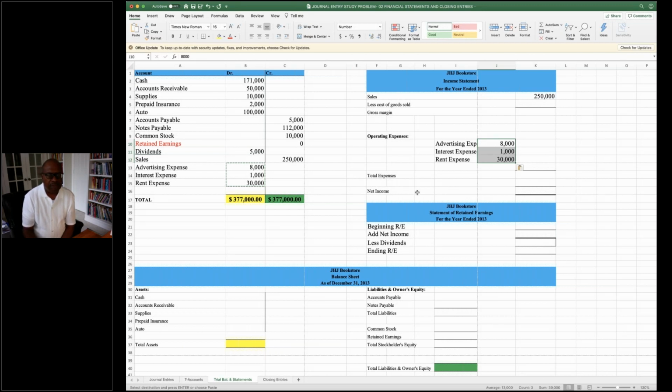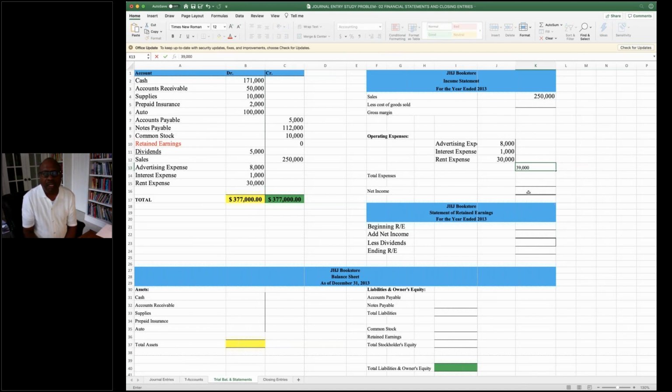So we have our expenses, and if we total our expenses, how much were our total expenses? How much was total expenses? This calculator's not working today. You just want all the expenses totaled up? 39,000. And that's all? 39,000.